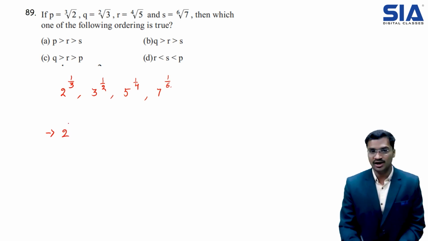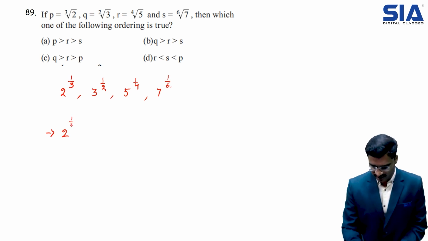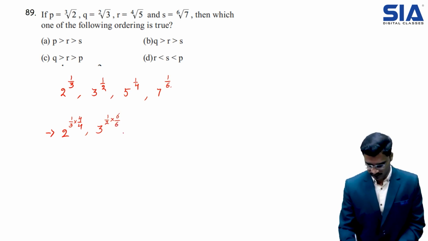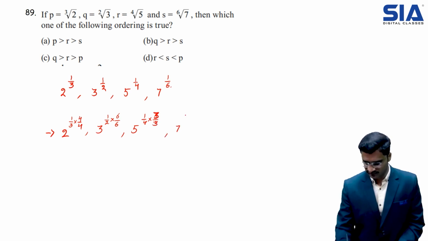To make 1 by 3 something by 12, I multiply 1 by 3 with 4 by 4. In the same way, 1 by 2 into 6 upon 6. Then 1 by 4 should be multiplied by 3 by 3, because 4 3s are 12. And 1 by 6 should be multiplied by 2 by 2.